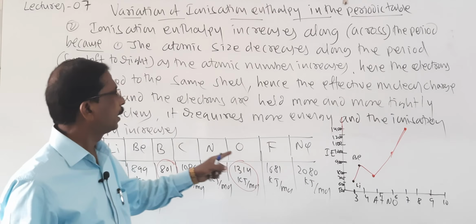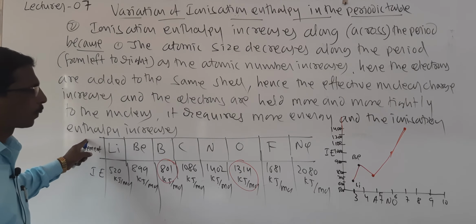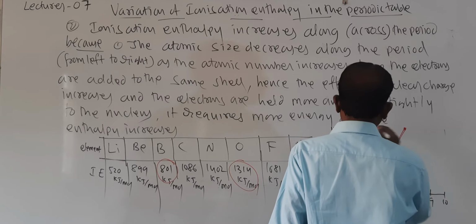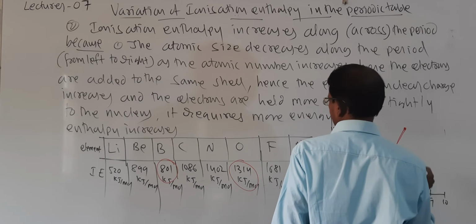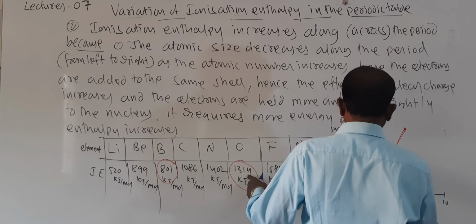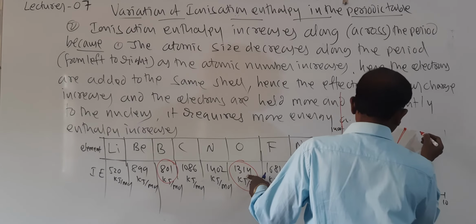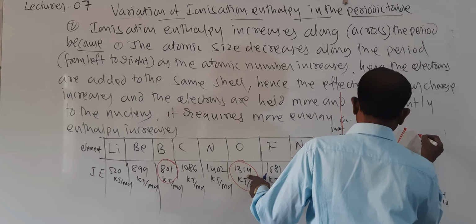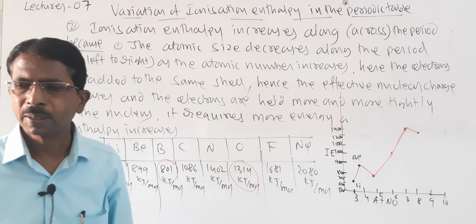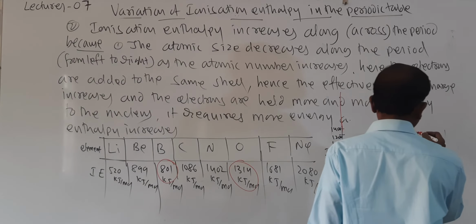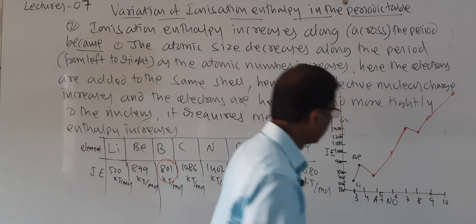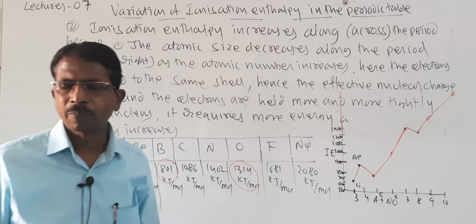So here I think it is completed. Again oxygen, that is 1314, it is less than 1402. Again it decreases, and after this it goes like this. It is the graphical representation.